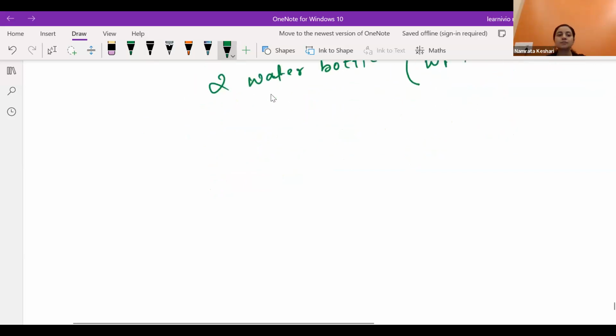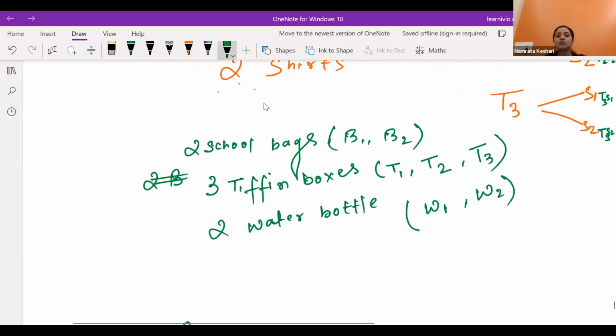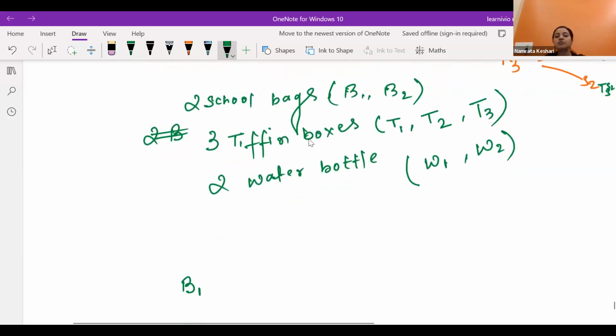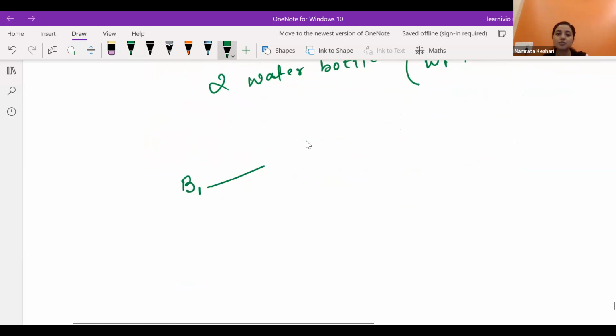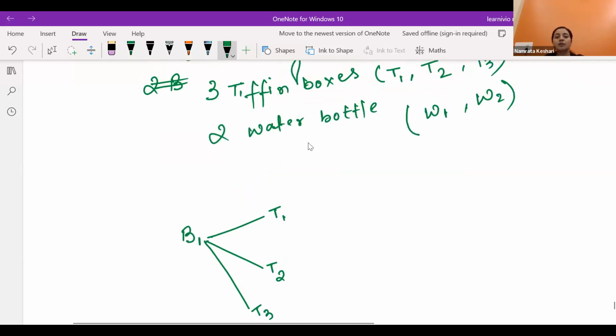So let's do it. Suppose we have picked at first the bag number one. With bag number one, what we can do, let's move to tiffin boxes. Suppose you have chosen the first tiffin box, or maybe you have the next option also, tiffin box 2, or maybe the next option also, tiffin box 3. Okay, now water bottle.